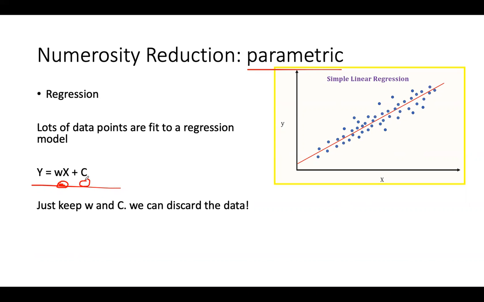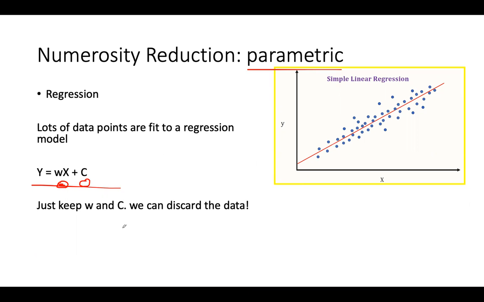With just these two, we can discard the data, because we have a line that best models our data set. Although not very elegant, it's an alternative to reduce the volume of your data. So that's why we use that.